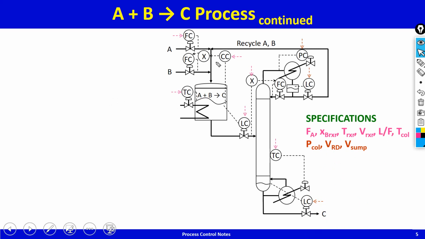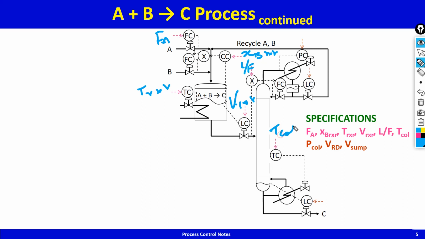Specifications are in front of you. Let's see: FA, XB reactor, T reactor, V reactor, L by F, temperature of the column, or stripping tray in the column.